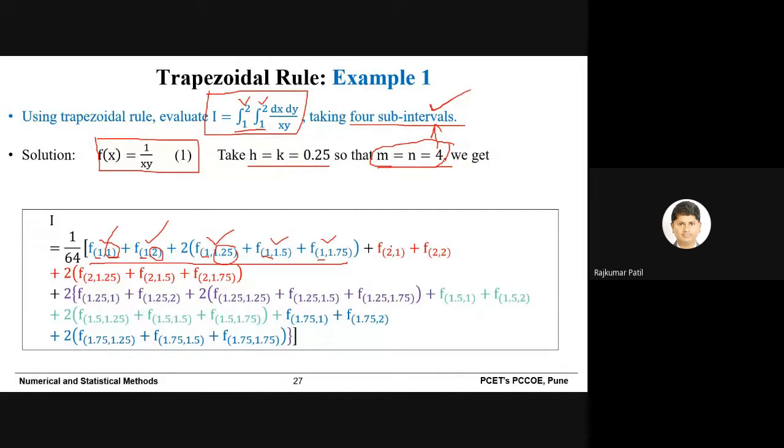Similarly, in the second part, we are taking the value of x from 1 to 2 and we are varying the values of y.